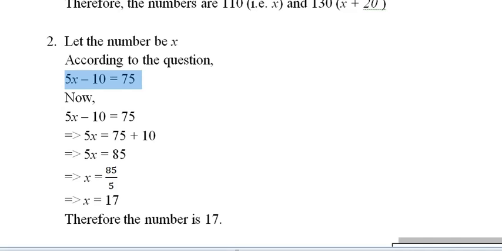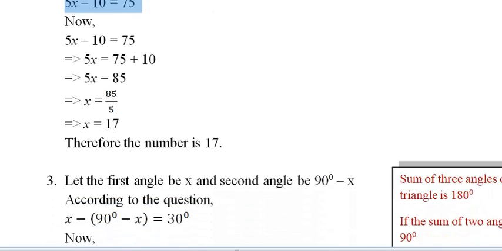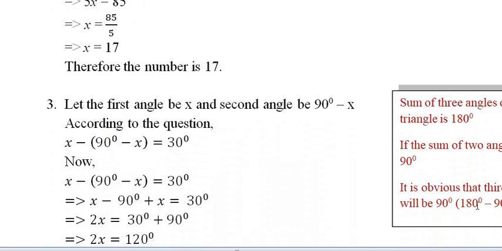Now let us move on to question number 3. The sum of two angles of a triangle is 90 degrees and their difference is 30 degrees. Find the three angles of the triangle.